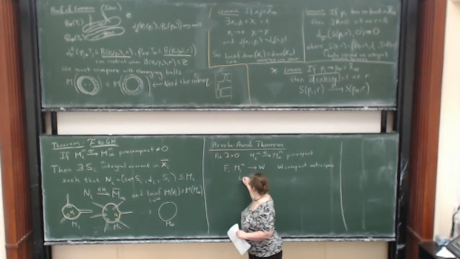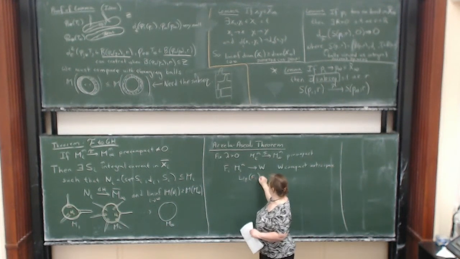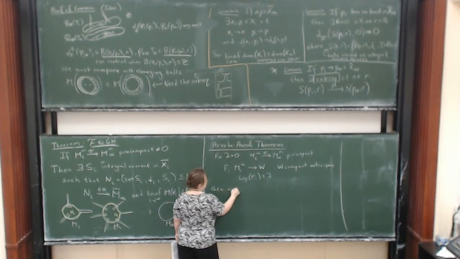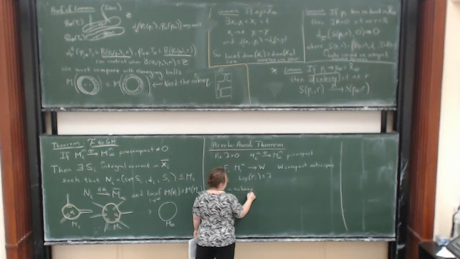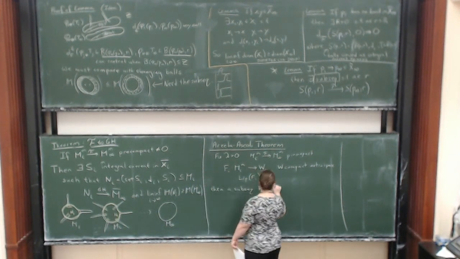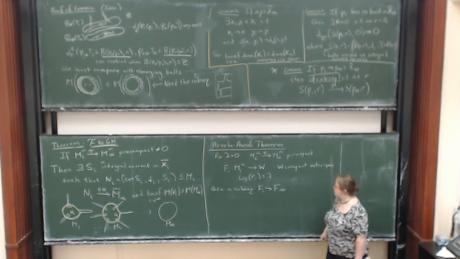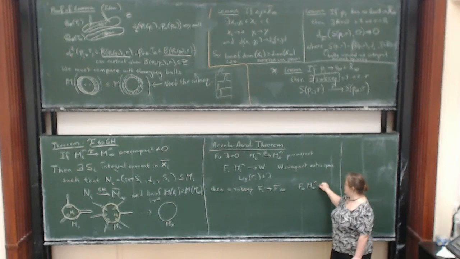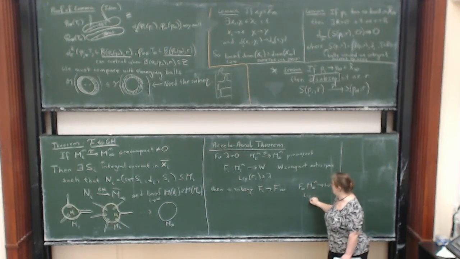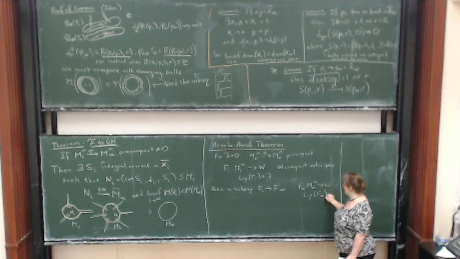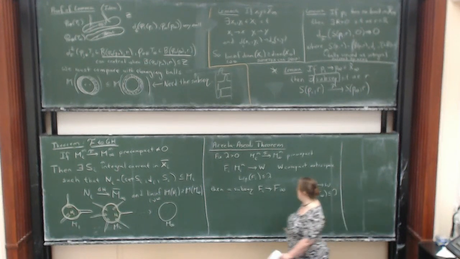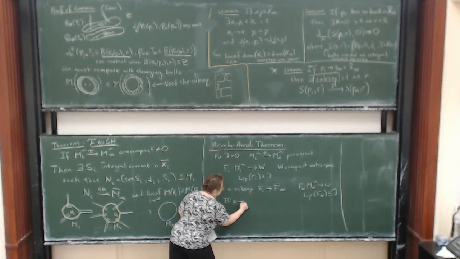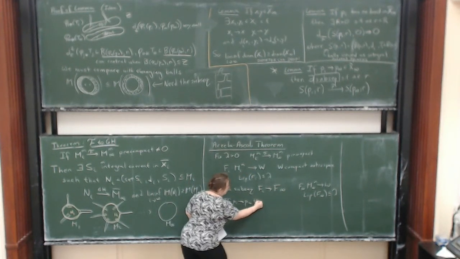And the Lipschitz constant of the f_i's are all less than or equal to lambda, then a subsequence converges to f_infinity from M_infinity^m to W, and the Lipschitz constant of f_infinity is less than or equal to lambda.